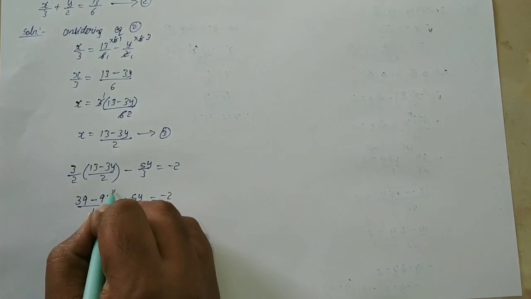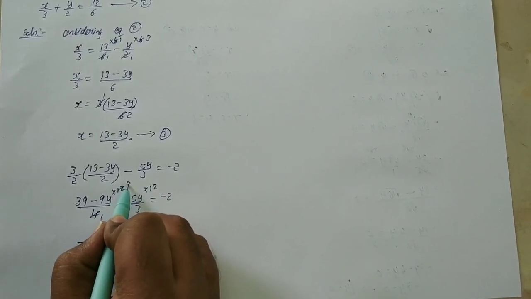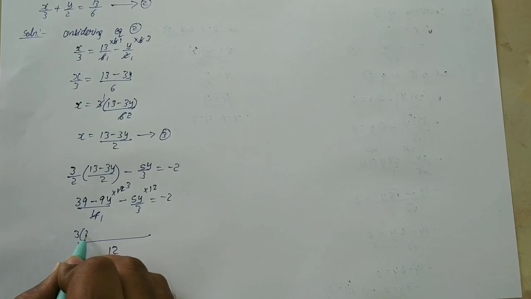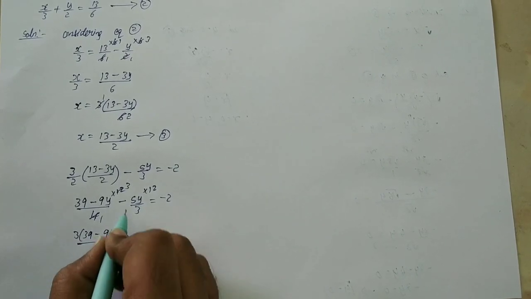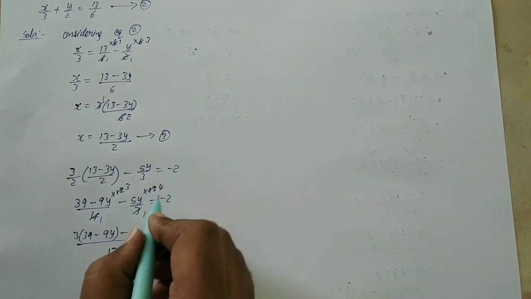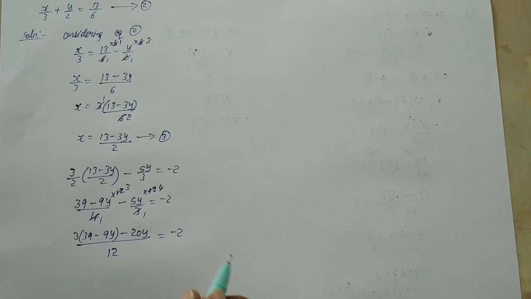So 12 here. 4 ones are 4, 4 threes are 12. That means we have to multiply this one with 3. So 3 into 39 minus 9y. So here minus as it is. 3 ones are 3, 3 fours are 12. So 5y into 4, 20y, right, is equal to minus 2.